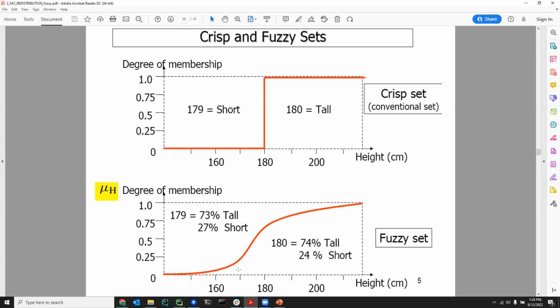And we see that as it's increasing as you get further to the right. Ideally, we would have another membership function that would describe your membership in the short set. However, what we're doing here is simply saying that if you're not in the tall set, the complement of the tall set is the short set. So 1 minus tall is short. But normally you would have a separate function describing your membership in the short set.